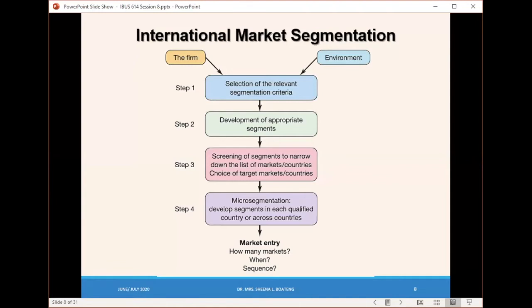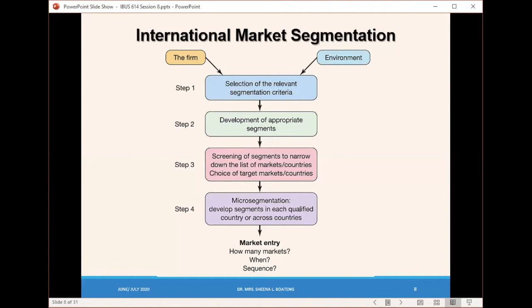Now, once you choose the markets within which you want to target, you also need to consider what we call micro-segmentation, where you develop the actually qualified segments out of the markets that are possible targets. Because once again, resources are not unlimited. You will always have limitation when it comes to certain markets, and you will always, as an organization, based on your resource endowments and competencies, be better at serving some markets than others.